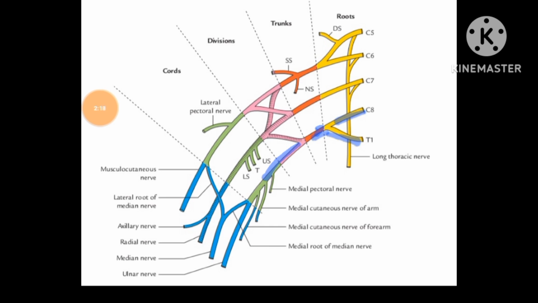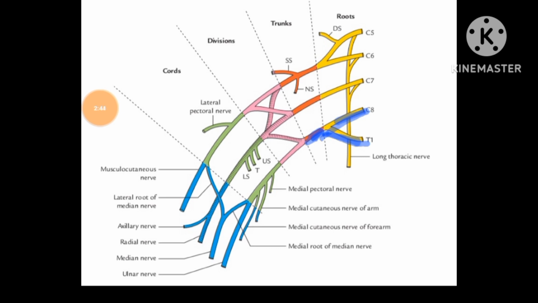Therefore, all the branches except the ulnar nerve have the root value of C8 and T1, from which the lower trunk is formed. This is the lower trunk, and it is formed by the joining of C8 and T1.